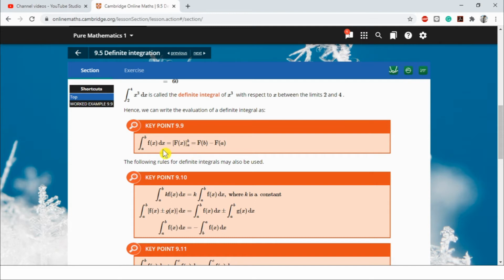The integration of f(x) with respect to x, with the limits from a to b, is the antiderivative, big F(x), with the limits a to b, or F(b) subtracted by F(a). Remember, the greatest subtracted by the smaller.